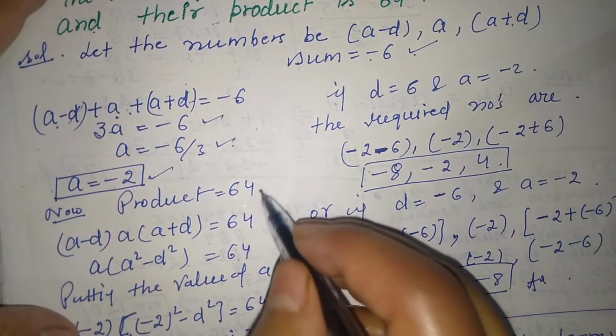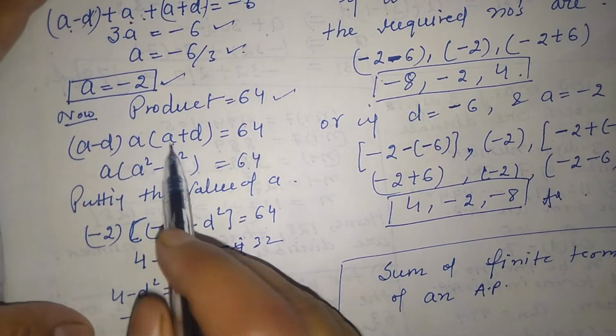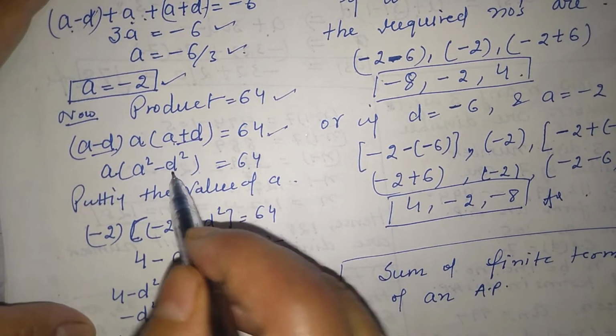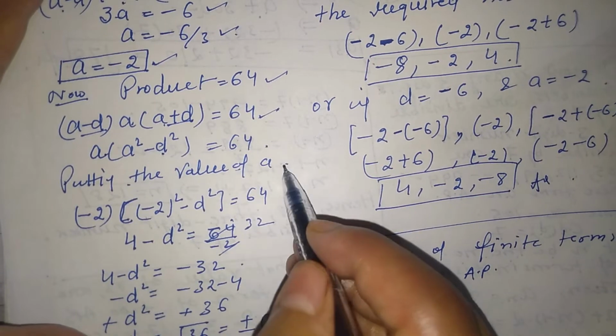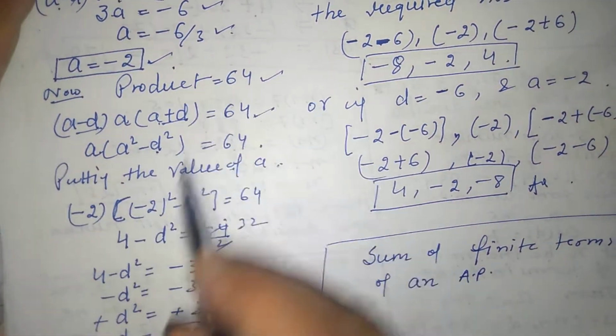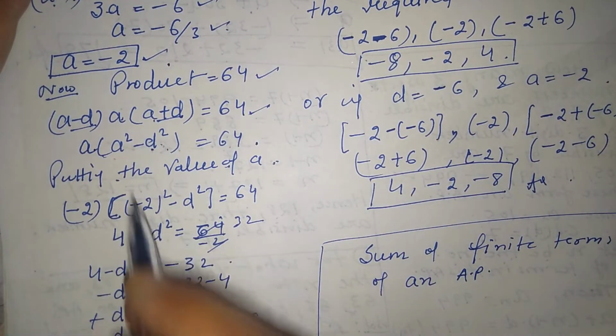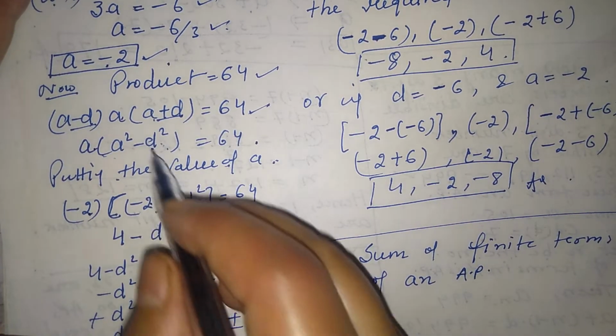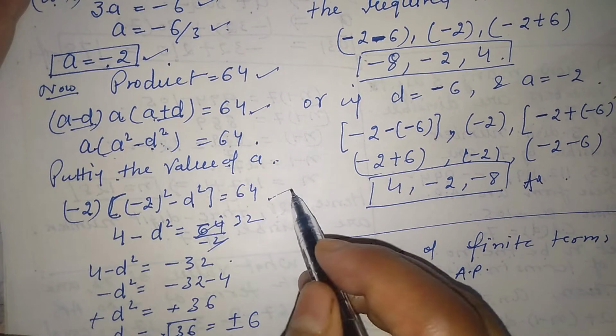Now the product is given as 64. So their product is 64. a will remain as it is, (a square minus d square) equals 64. Putting the value of a that we have got, because we are getting 2 variables here and the value of 1 variable we have, minus 2 times (minus 2 square minus d square) equals 64.